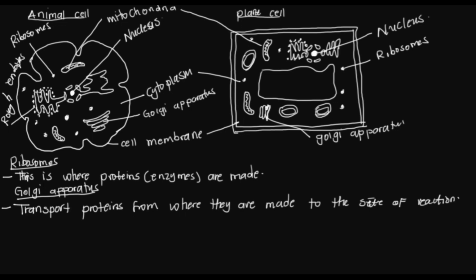The one with no ribosomes on its surface is known as smooth endoplasmic reticulum. Okay, so now let's first look at the first one, rough, and its function.